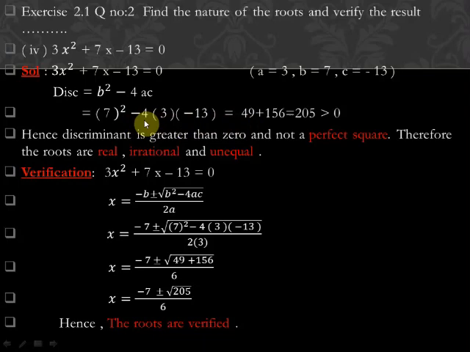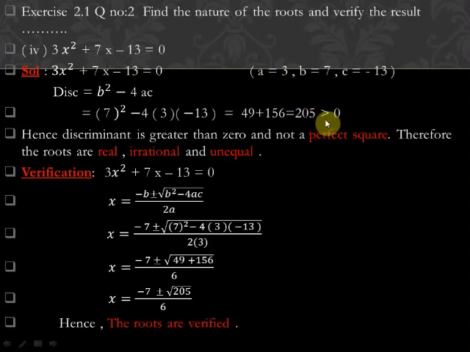Multiplying these values, minus 4 with minus 13 and with 3, we will get plus 156. On adding these two values, we get 205, clearly, which is greater than 0.